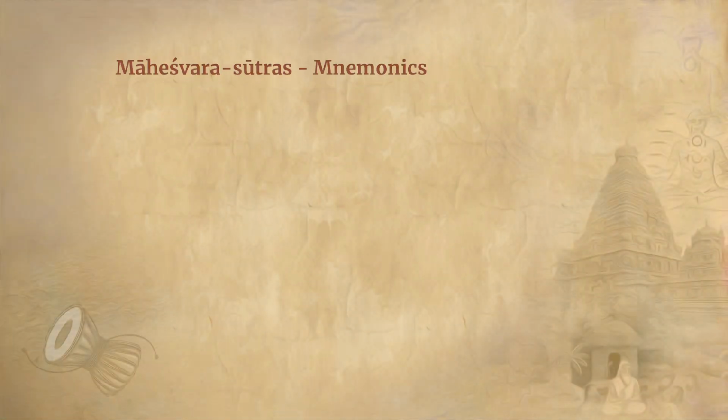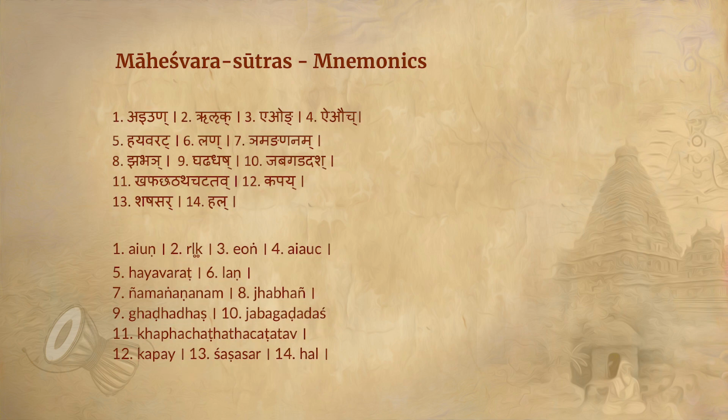The other thing is Panini has used plenty of mnemonics. Look at here, Iun is a mnemonic, because it is combining A, I, U and N and creating something crisp, right? So Iun is a mnemonic, Kapai is a mnemonic, Jabagadadash is a mnemonic and things of that kind. And you can do many kinds of mnemonics now.